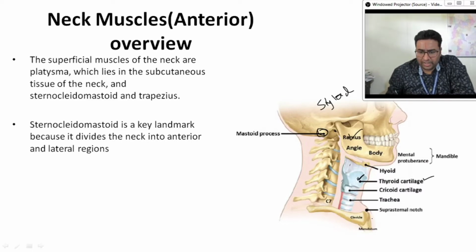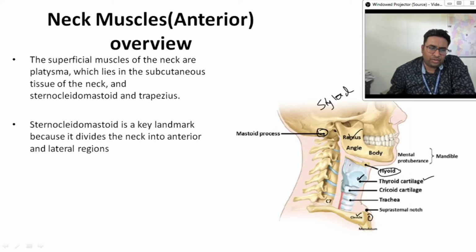Below that, you can see the manubrium and the clavicle. So there are muscles which will be related to these bones, and in between all this, this is the hyoid bone.